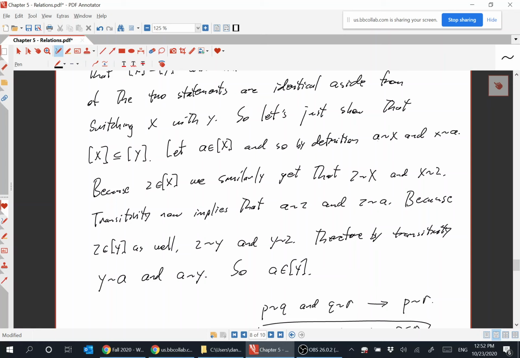Without taking into account any of the ordering, if you just wrote A is related to X and Z is related to X, therefore Z is related to A, that needs symmetry here. A related to X and Z related to X does not give you Z is related to A by transitivity. Z related to X and X related to A gives you Z is related to A by transitivity.